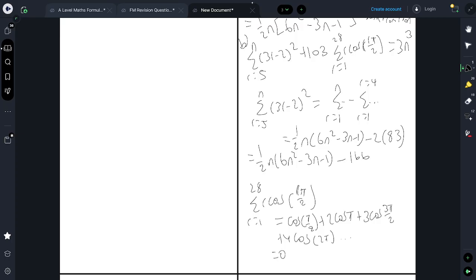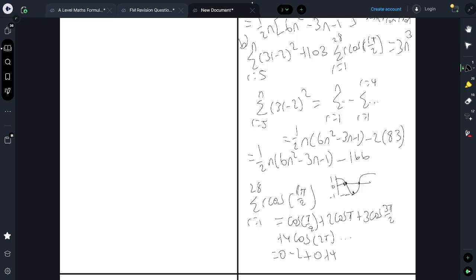0 plus minus 2. And then 3, that's going to be 0. And then that's going to be plus 4. And what do you notice here? Well, if we want to know the values, just look at the cos graph. Cos pi over 2, pi over 2 is obviously here, that's 0. Then pi would be minus 1.